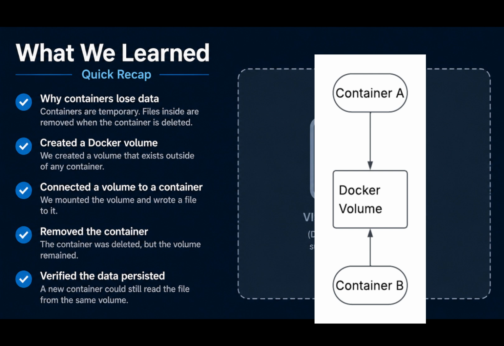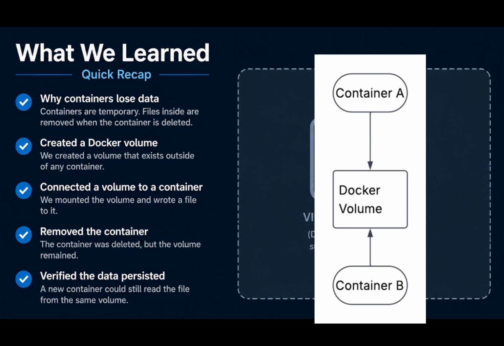We started by learning why containers lose data when they're removed. Next, we created a Docker volume to store data outside of a container. We then connected that volume to a container and saved a file inside it. After removing the original container, we created a new one and verified that the file was still there. That's the key idea behind Docker volumes.